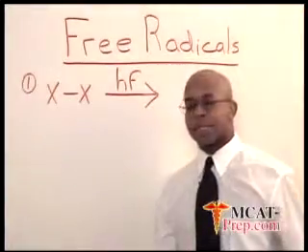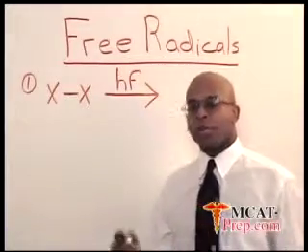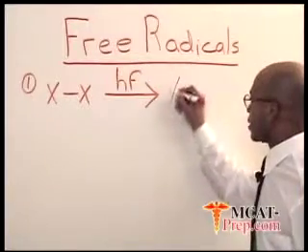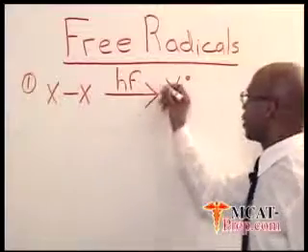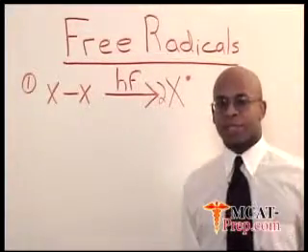When this substance is exposed to light energy, we can create a free radical, symbolized by X dot. We have 2 here, so this would be 2X dot. So this is a new substance.